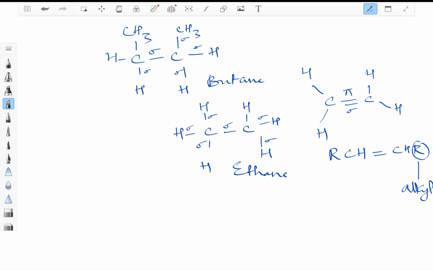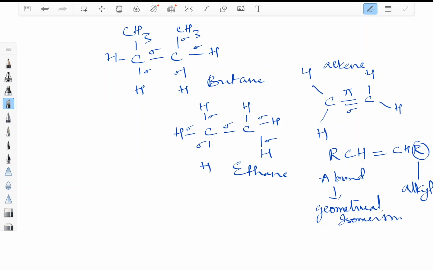The presence of pi bonds has a certain role, and due to the presence of pi bond, it gives rise to a phenomenon called geometrical isomerism. The pi bonds are present in case of alkenes, and due to this pi bond, there is a phenomenon seen in alkenes that goes by the name of geometrical isomerism.